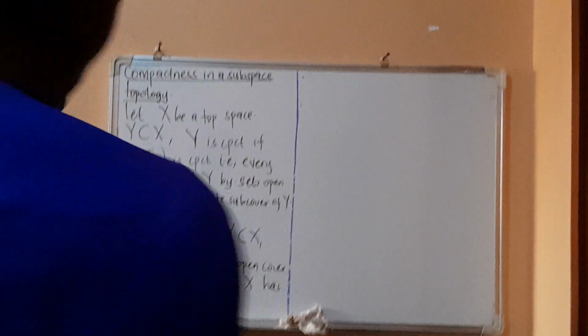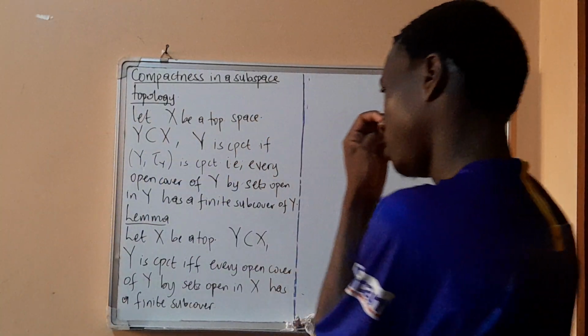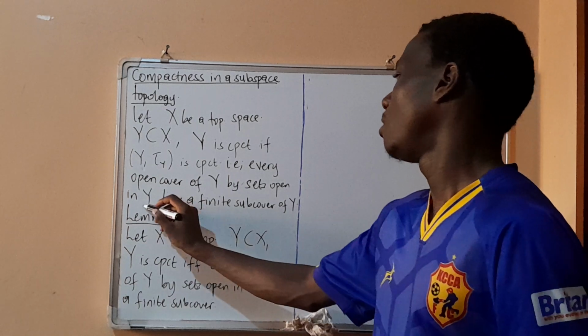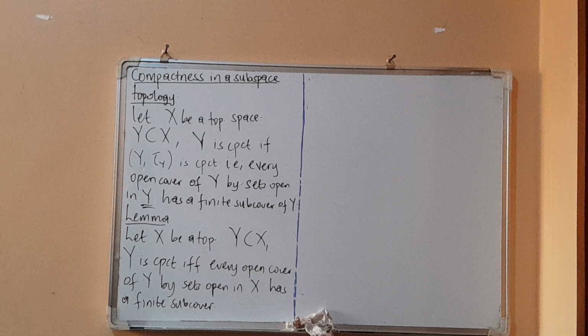Now what are we changing? By definition, Y is compact if every open cover of Y by sets open in Y has a finite subcover. What are we introducing here?